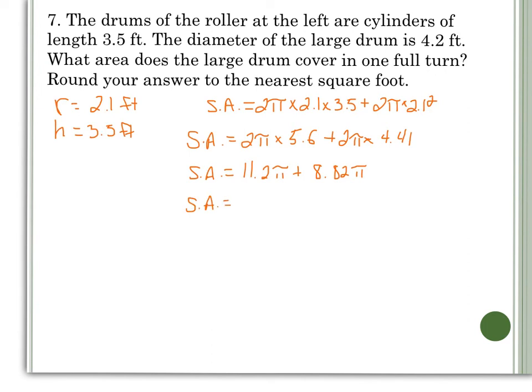Combining like terms, that's 20.02 pi feet squared. And it said to round to the nearest square foot, so that means we're rounding to the nearest whole number. So take 20.02 times pi. You get your surface area is about 63 feet squared. So that's how much area that our cylinder would cover.